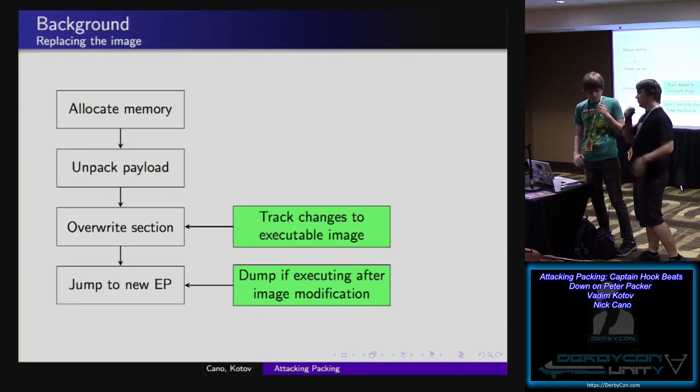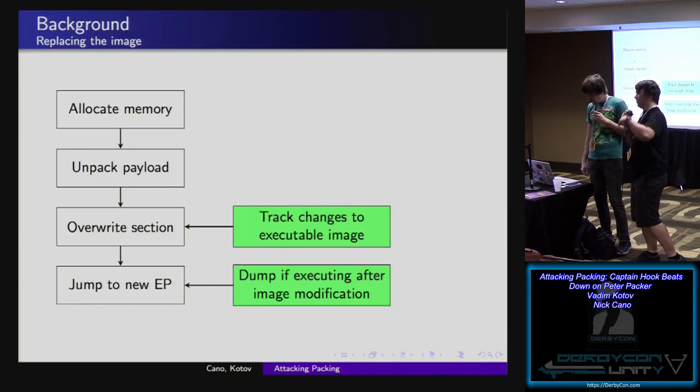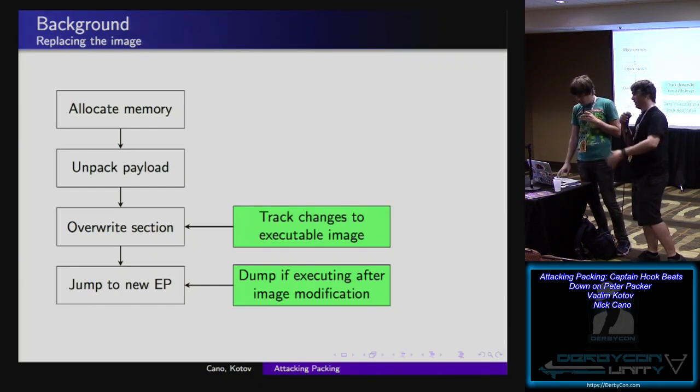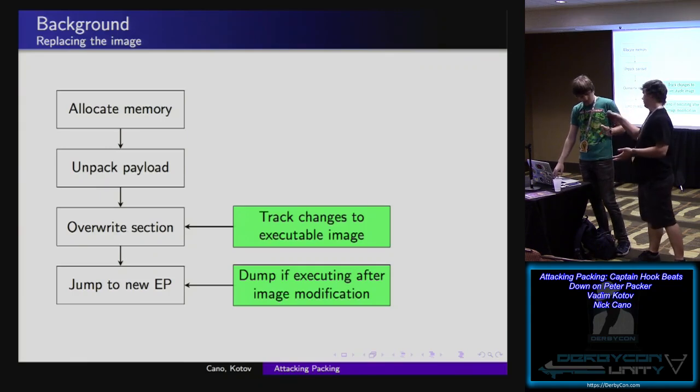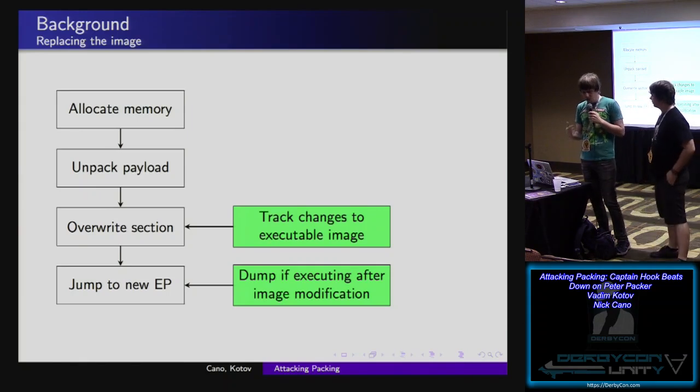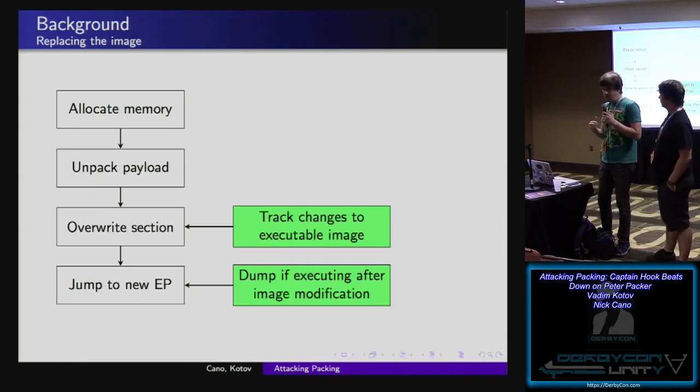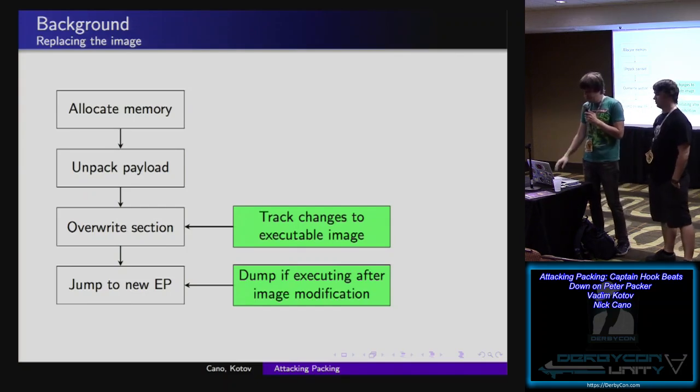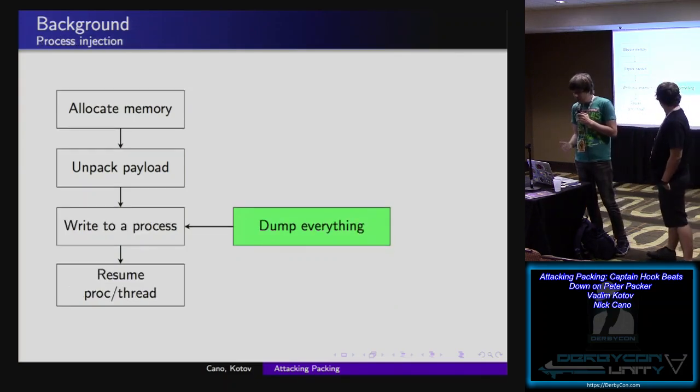That's what UPX does, for instance. It has an empty PE section, and then it writes the new code to that PE section without any import table. It resolves all that before unpacking, and then executes from there. Either that, or it can just unmap all the sections and then map them again, maybe even to a different location.